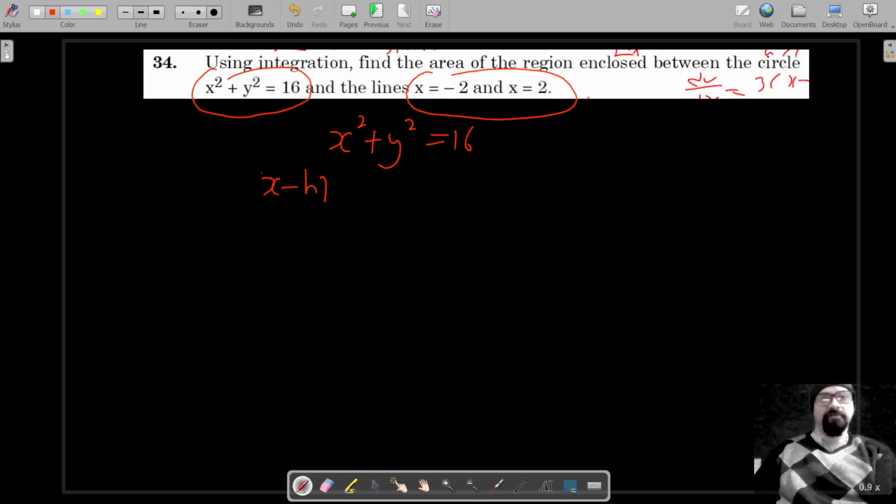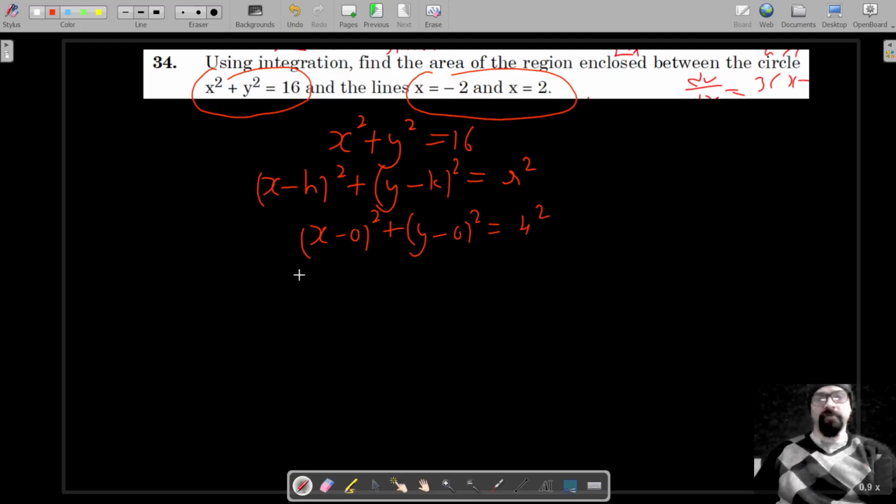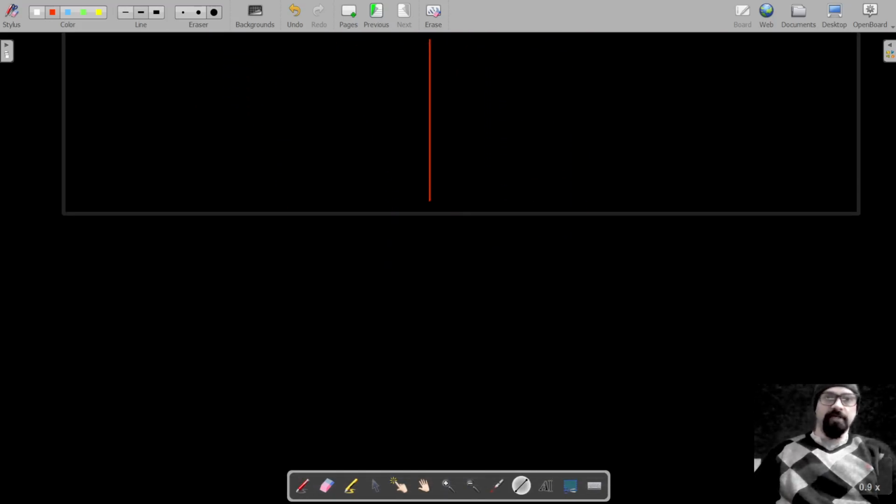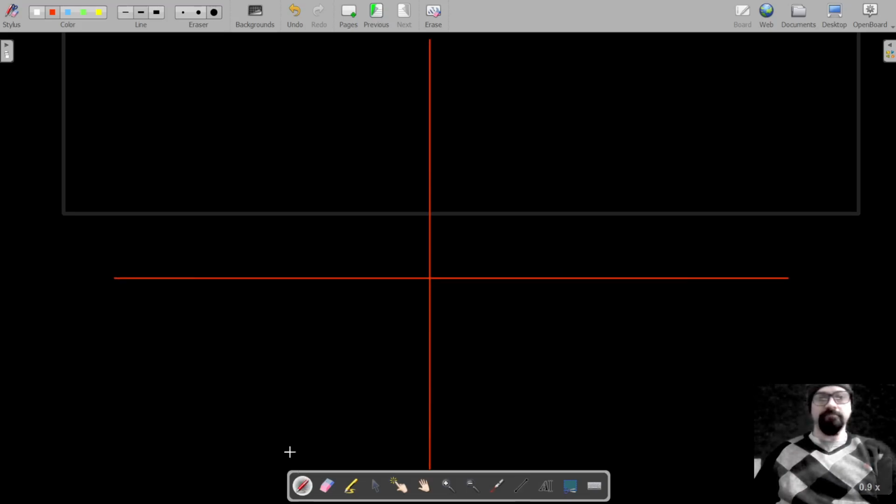If we compare this with the standard equation of the circle, x minus h the whole square plus y minus k the whole square is equal to r square, this can be written as x minus 0 the whole square plus y minus 0 the whole square is equal to 4 square, which gives the center of the circle as the origin and radius equal to 4.